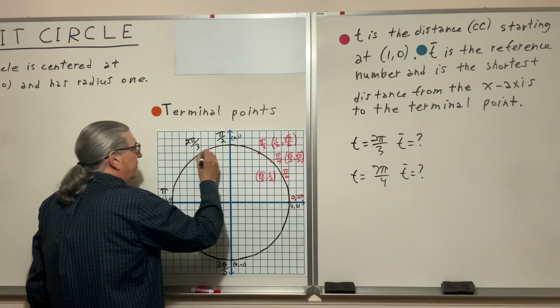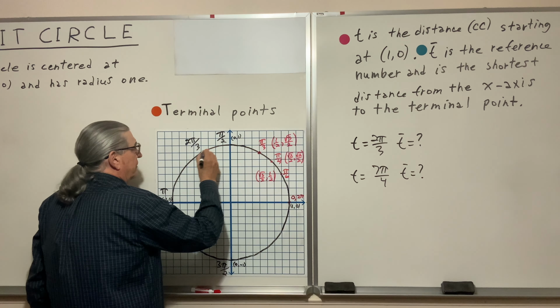So we're looking just at the x-axis here. And in this case, this is the shortest distance from the x-axis, and that is pi over 3. So the reference number for this is pi over 3.